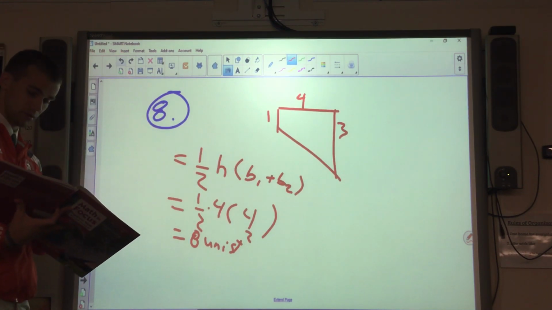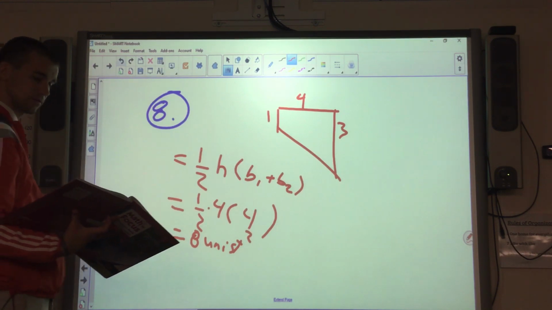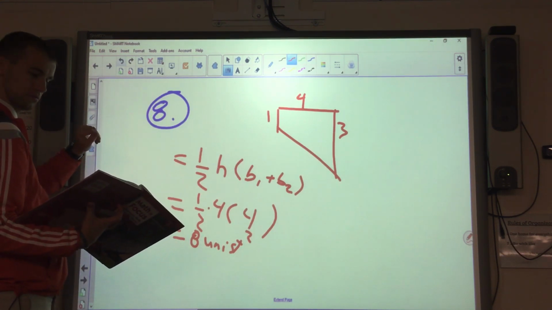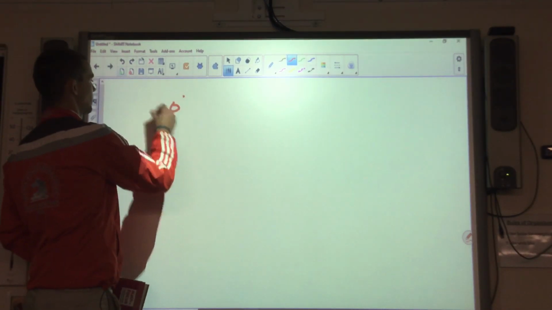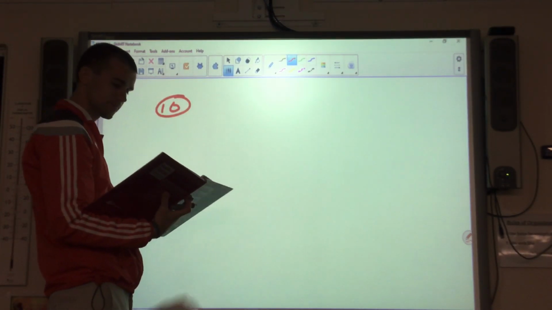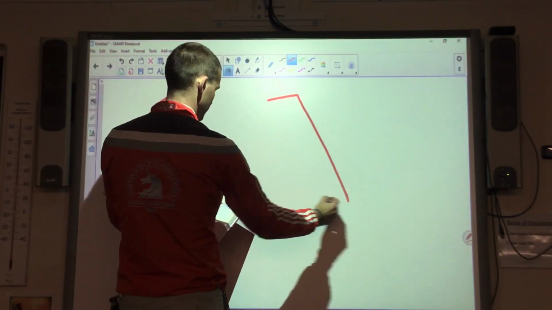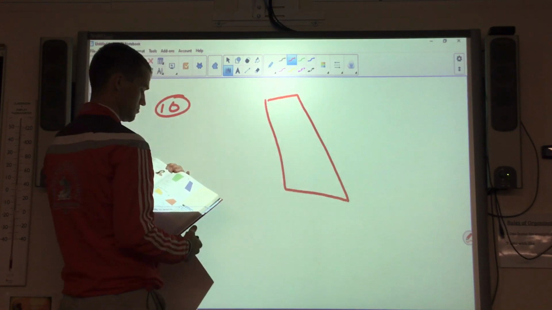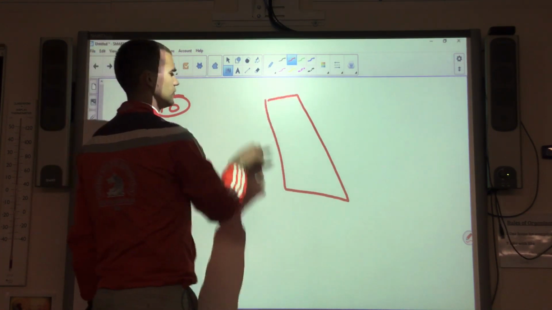And then I'll do number 10 here. It looks something like this. Do we know which ones are parallel? Is it these or these?